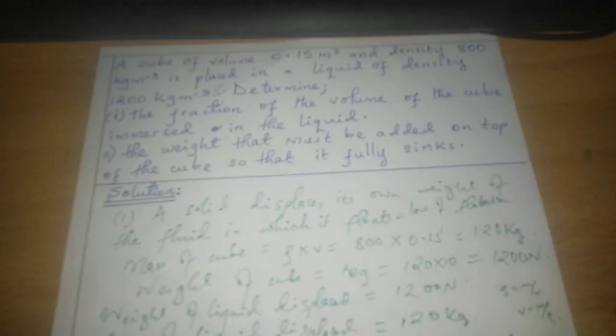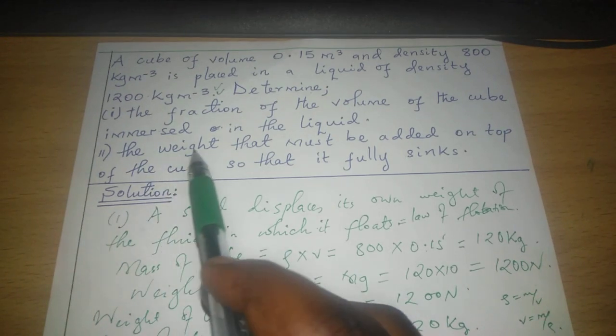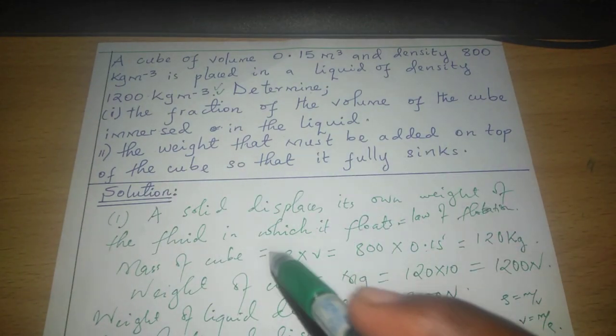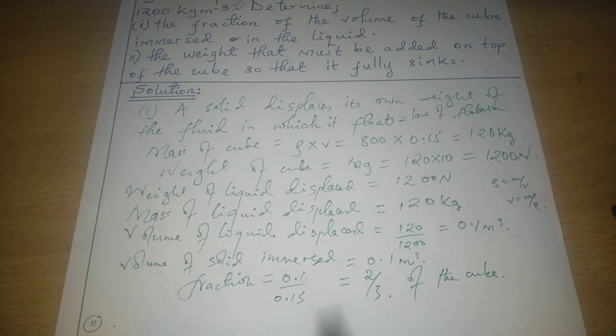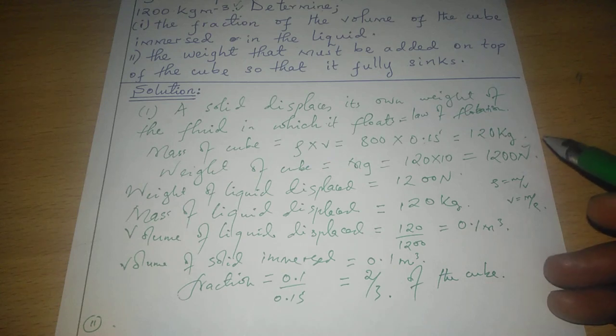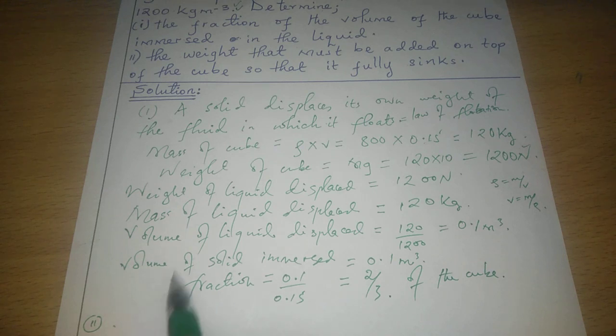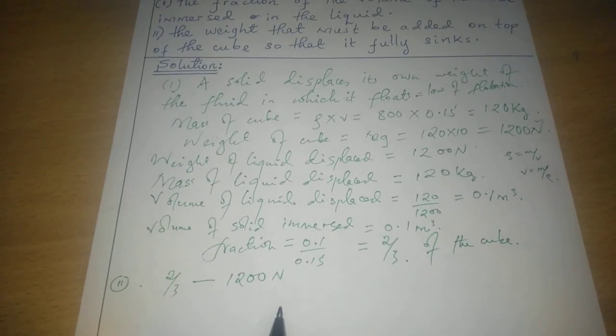Part 2 is telling us to determine the weight that must be added on top of the cube so that it fully sinks. With the cube's weight of 1200 newtons, only 2/3 of it is submerged. So the remaining 1/3 to be fully submerged requires what? 2/3 has been submerged when the total weight 1200 newtons is acting.